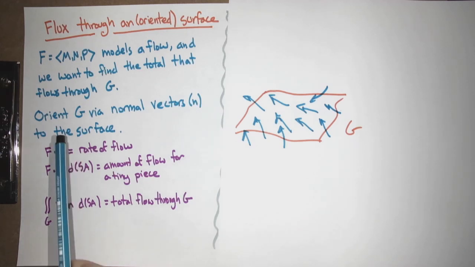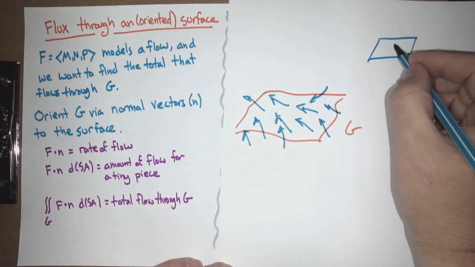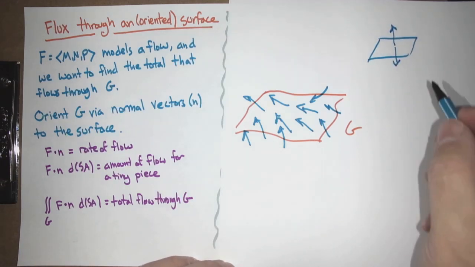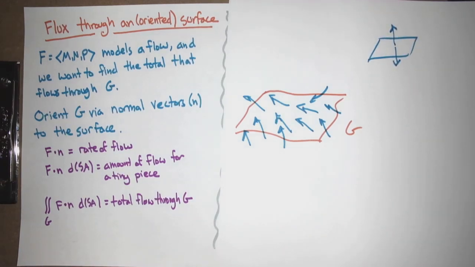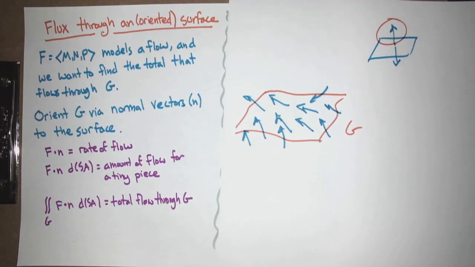Here we use our normal vectors. We mentioned this before when we were back in planes: normal vectors aren't unique, because you can go up or you can go down. So an orientation is just a choice of which side you are on. Orientation says, I always pick the ones that are going up, whatever that might mean in context.